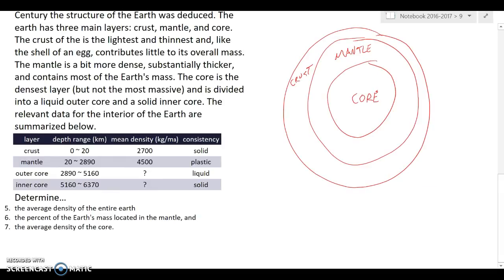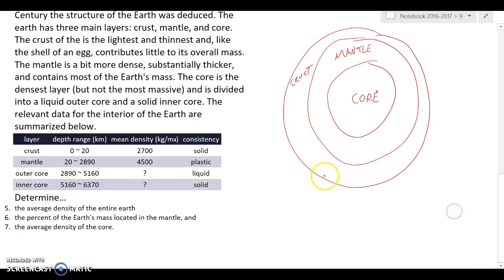So in the first column, you're told which layer of the Earth we're talking about, whether the crust, the mantle, or parts of the core. You're also given the depth range of each of the layers, and that tells you exactly how deep the layers are, when they start and when they end, as you're going from the surface of the Earth towards the core.